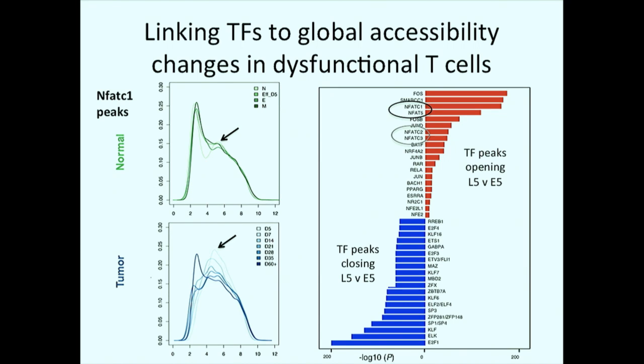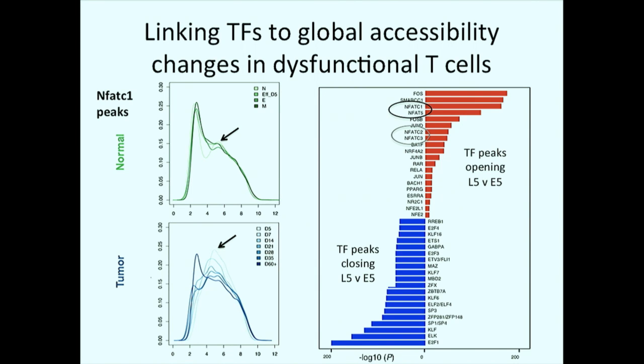And then you can look at the PDF, sort of a histogram of accessibility of those peaks. So for every peak that has the motif, we're looking at the height of the peak in a cell type and looking at the distribution of those heights over all the peaks.